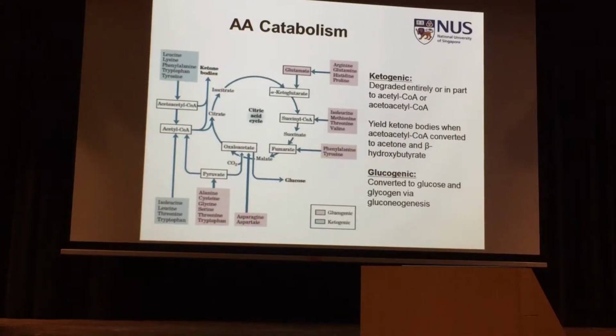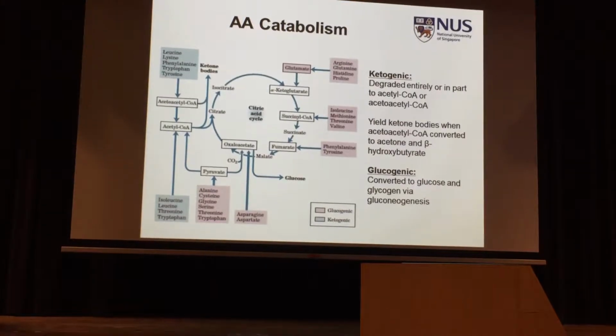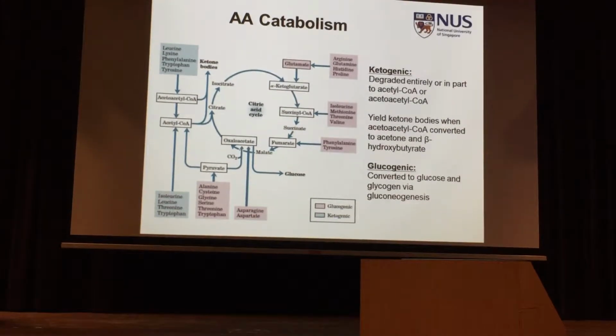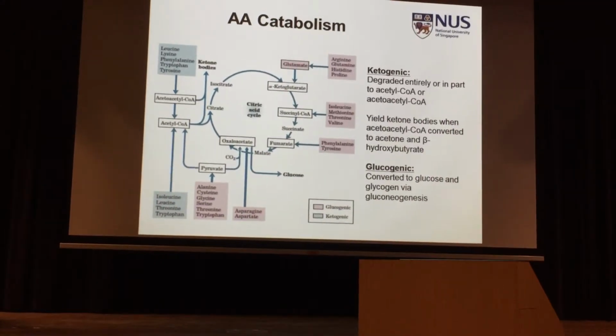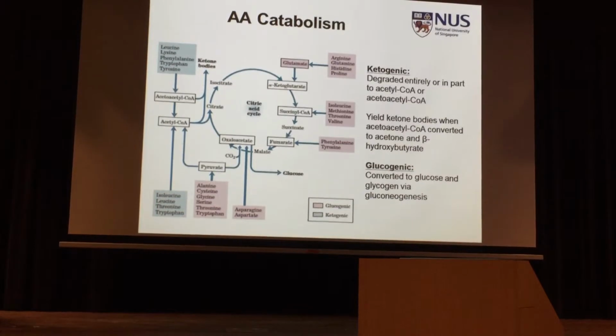After last lecture, some of you asked me about amino acids, the last few slides, how to approach them. I went rather quickly, right? So the idea is to introduce to you how we can use the carbon atoms of the amino acids.